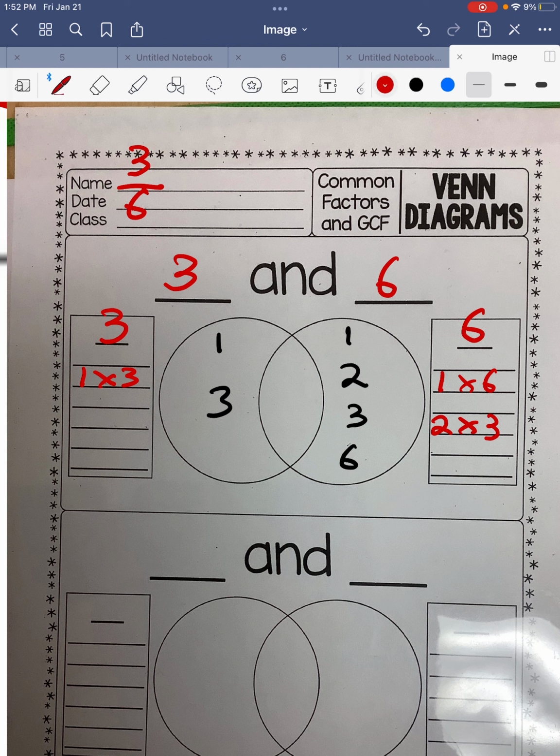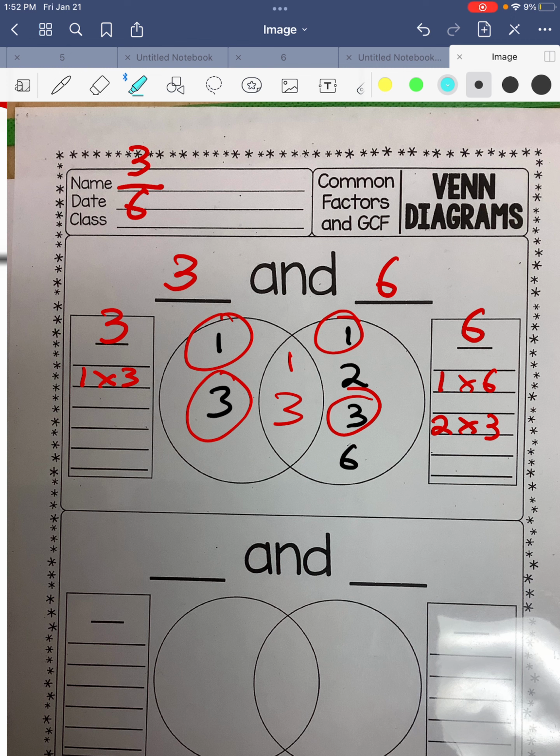Now I have to see what numbers they have in common. They both have a 1, and they both have a 3, okay? Now I have to see what's the biggest number they have in common. That's the 3. So I know that I can divide 3 over 6 by 3.